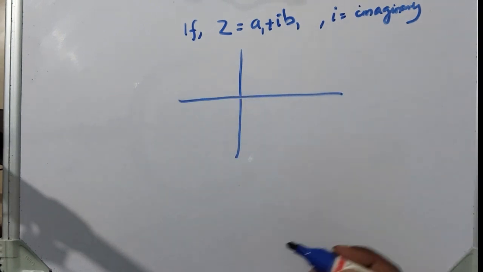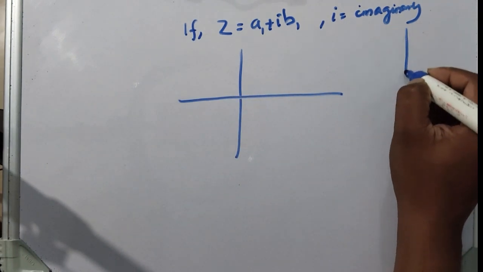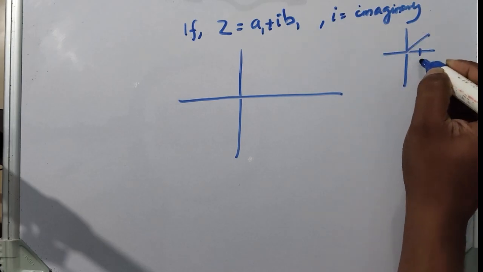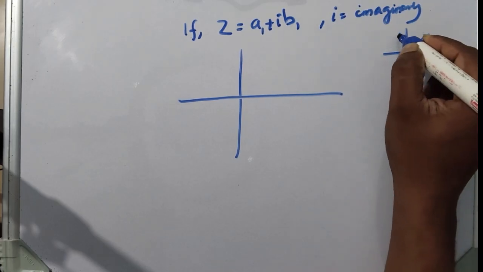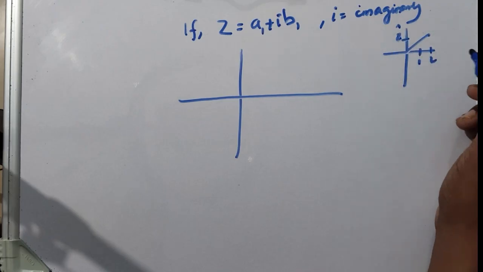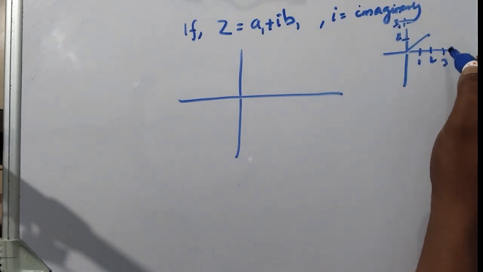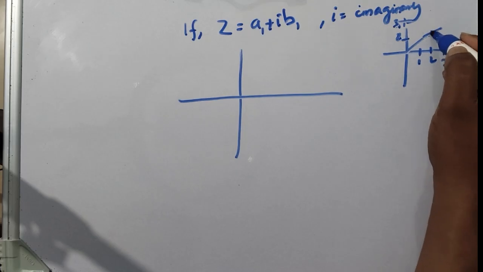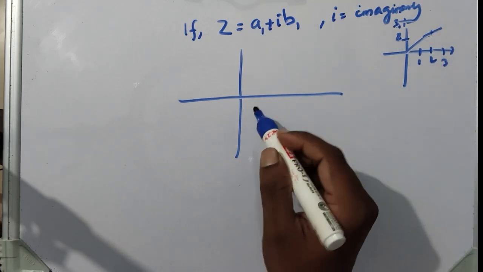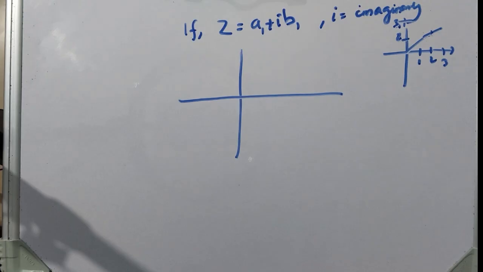How will we represent it? Because we know real numbers are represented on a coordinate axis, 1, 2, 3. Real numbers are easy to represent, but how will we represent this on a coordinate axis?